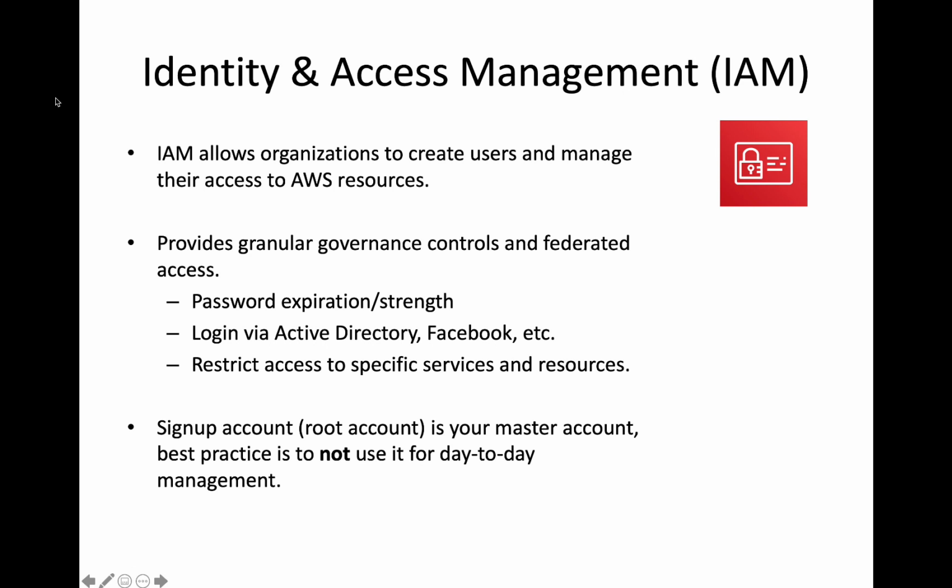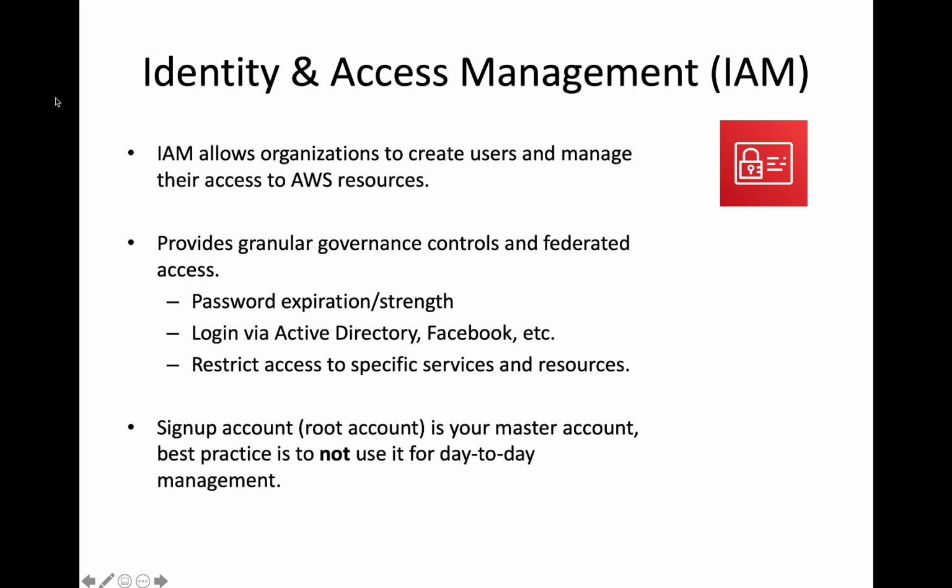One thing to keep in mind is that identity and access management is a service which applies to all regions within AWS. It's what we call a global service. You'll find that most of the other services that we look at in this course are region specific.